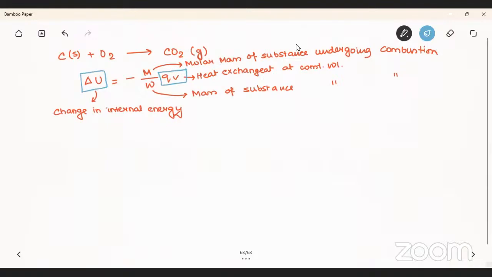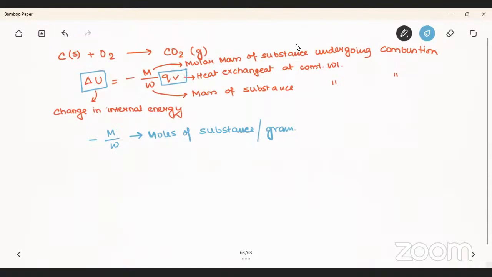So minus M by W. What is the significance of this? This term represents the moles of substance per gram. Do you know how to calculate moles, given mass by its molecular weight?